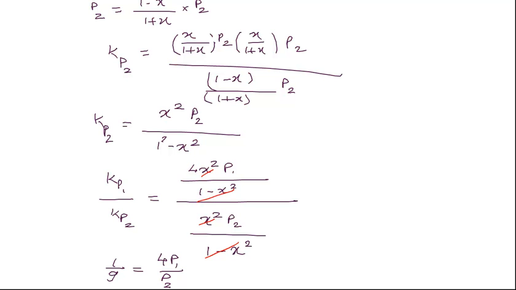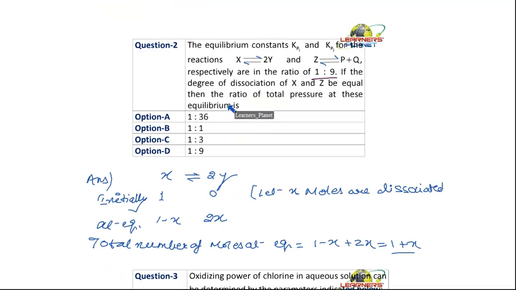So 4P1 by P2 is equal to 1 by 9, or the ratio P1 by P2 will be equal to 1 by 36.